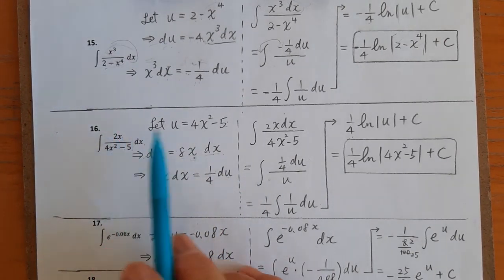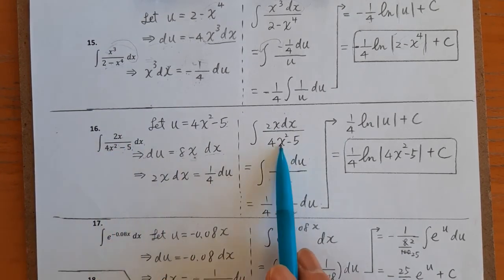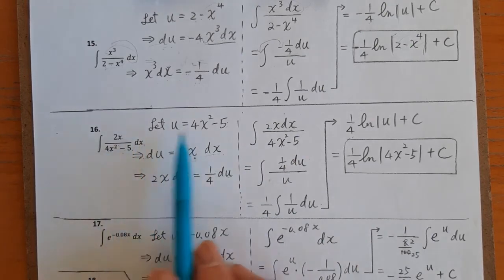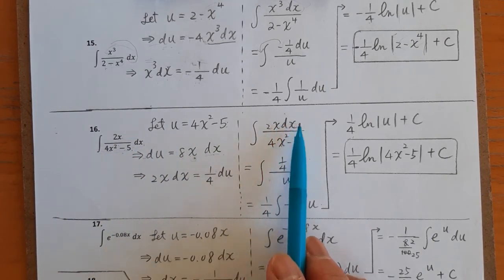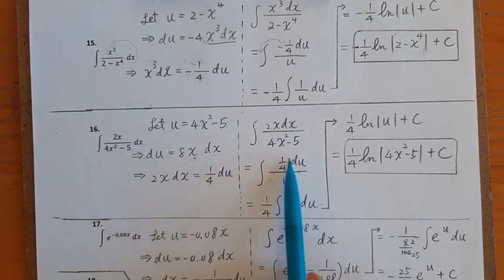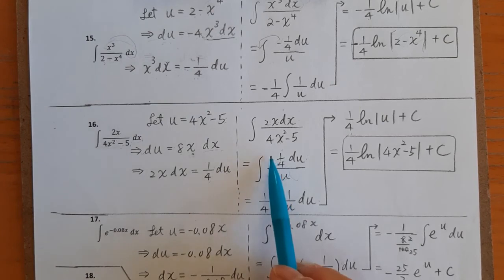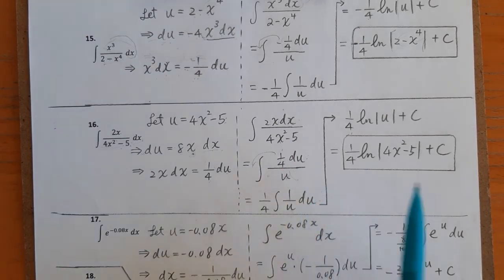So the question is 2x dx, denominator is 4x squared minus 5. Substitute in. So u substitute for denominator got u. Numerator 2x dx is 1/4 du. Substitute in. Take an integral, 1/4 factor out, integral of 1 over u du.